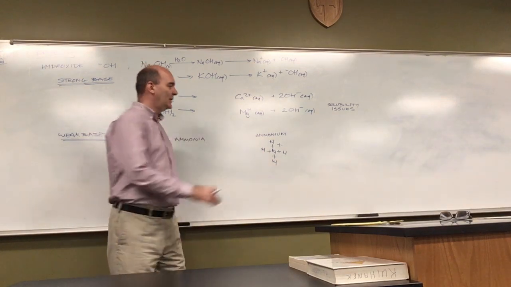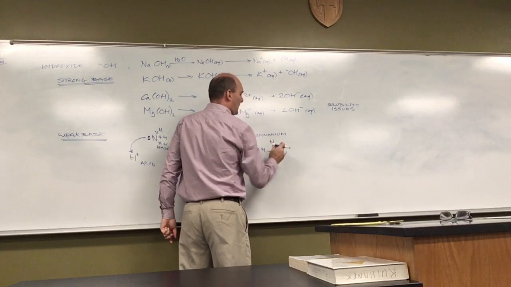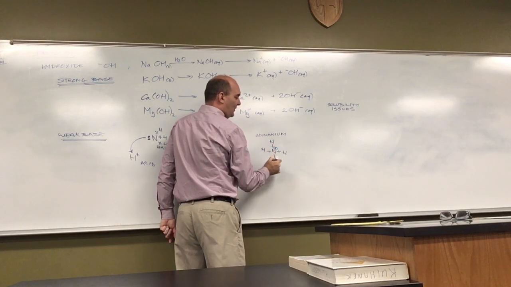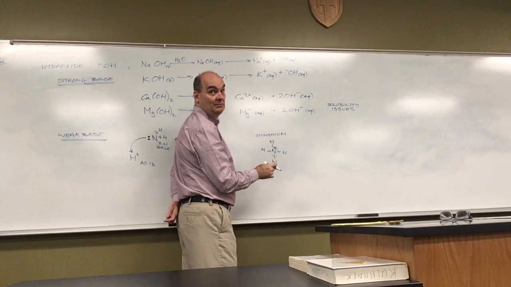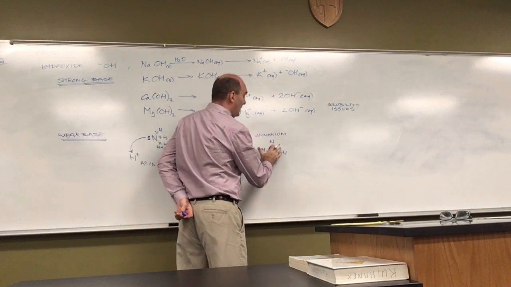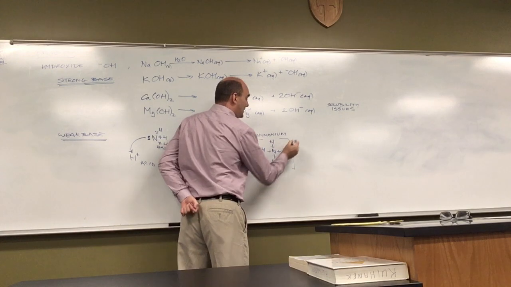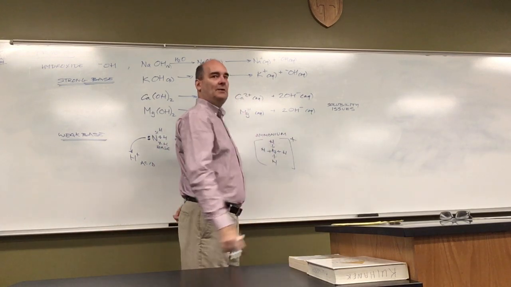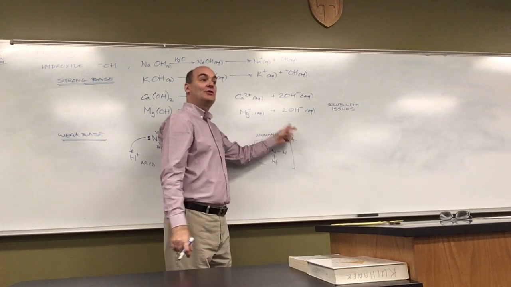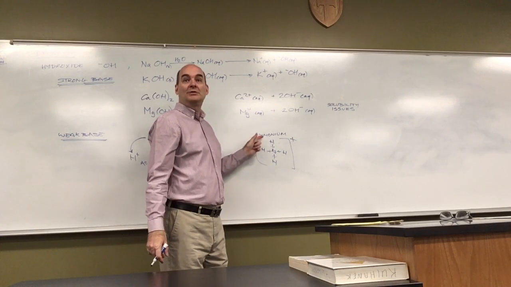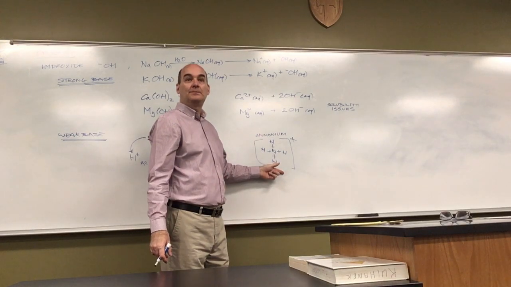And now there's a positive in there somewhere. Sometimes we'll localize the positive on the nitrogen, because that's where it belongs. And then other times, we'll put it in square brackets and put the positive outside. These square brackets are not to be confused with the ones that we use for concentration.